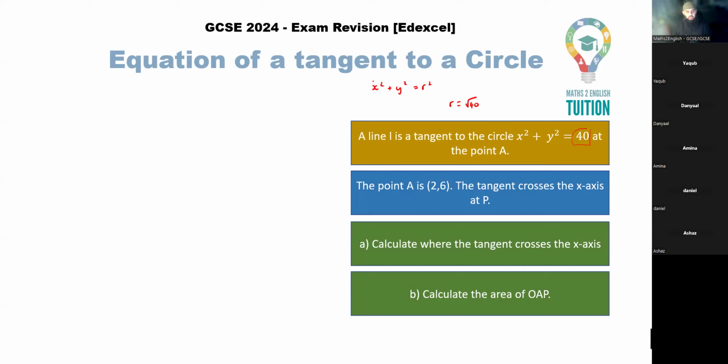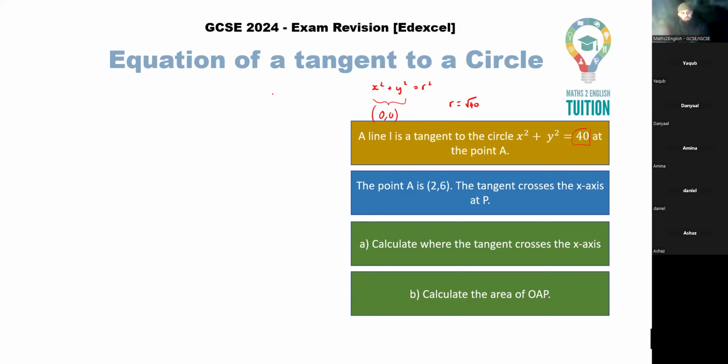And when we have x squared and y squared, that means we are at the origin. So the origin of the circle is going to be the center point, and the radius is square root of 40.